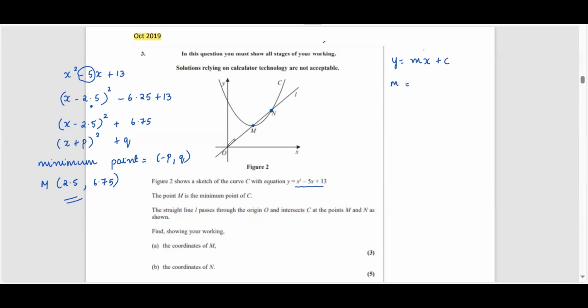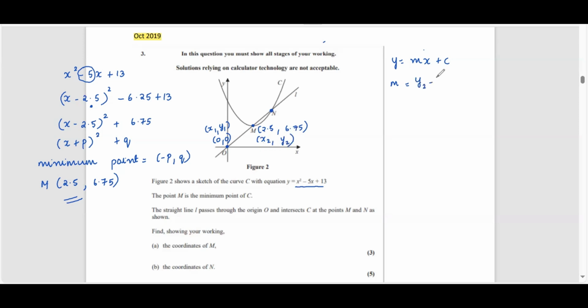To find the gradient, we know 2 points on the line. This is the origin, that is (0, 0), and M, which we found as (2.5, 6.75). I'll take (0, 0) as x1, y1 and (2.5, 6.75) as x2, y2.